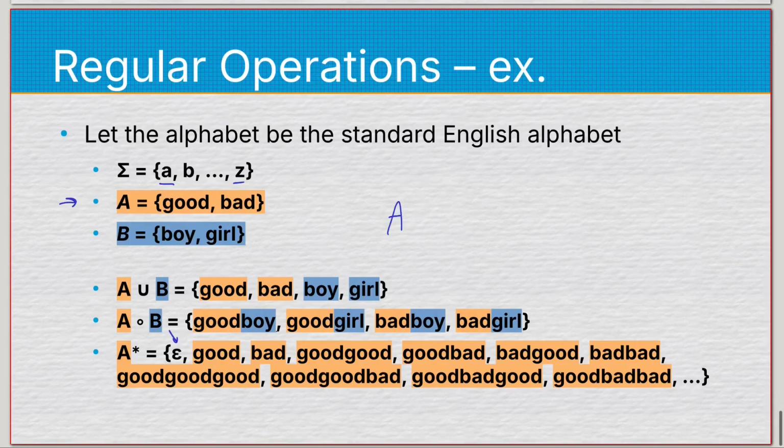Good or bad will be some form of A^1, and then good good, good bad, bad good are forms of A^2, and we can mix and match these as much as we want, because again it's just some number of occurrences in a repetition. We can define it however we want. A star is very flexible essentially.